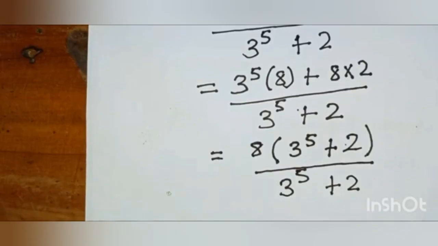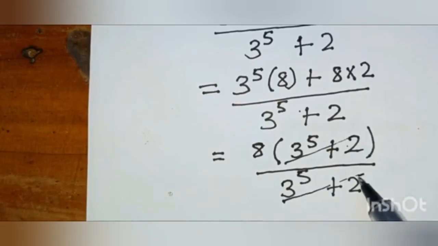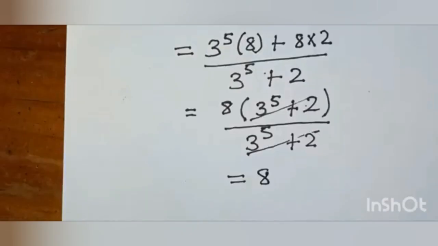As you can see, here we have 3 power 5 plus 2, and in the denominator we have 3 power 5 plus 2. The one in the numerator is going to cancel with the one in the denominator. So we are going to remain with 8. This is the answer for the expression above.